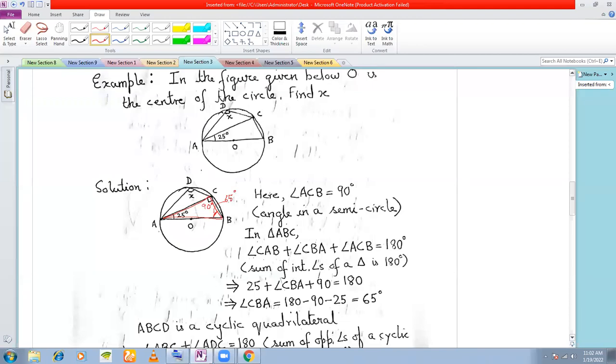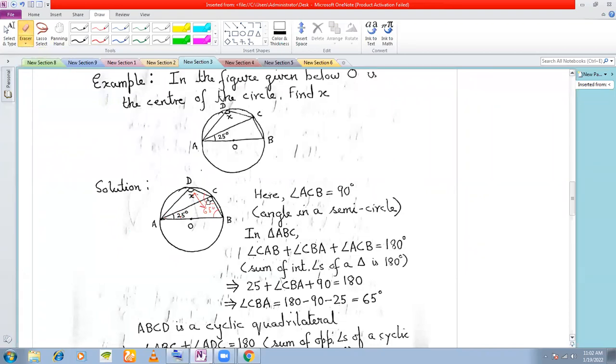Now, once you know this angle, you see that ABCD is a cyclic quadrilateral. And which ones are the opposite angles? Let me write it here, 65 degrees. In this cyclic quadrilateral, these two are opposite angles, right? The other opposite angles are this angle and this angle, but we are not concerned about the other two.